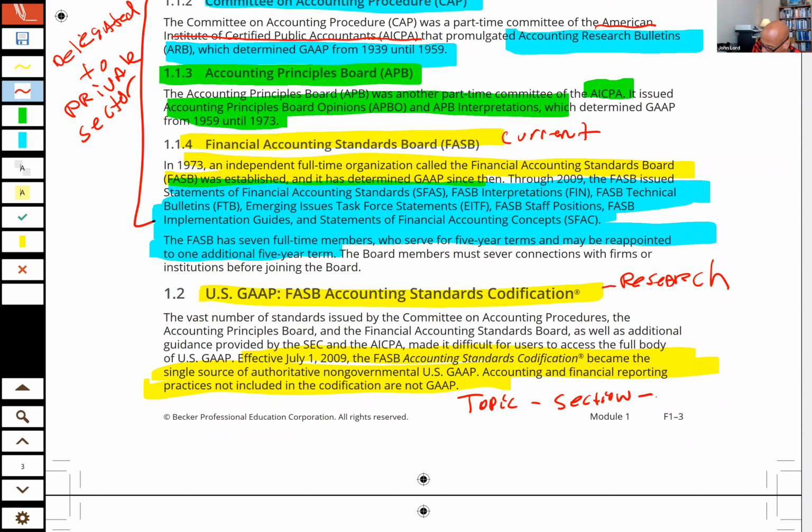what is the paragraph where that particular answer was provided. So you literally would have to say, the topic was section 230 if it was statement of cash flows, and the answer was found in paragraph 10, which is overall.